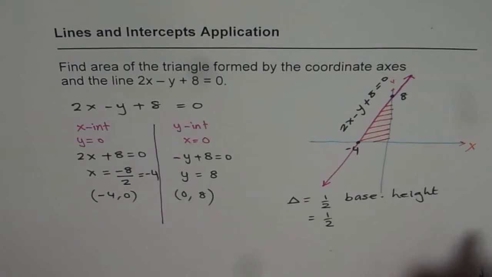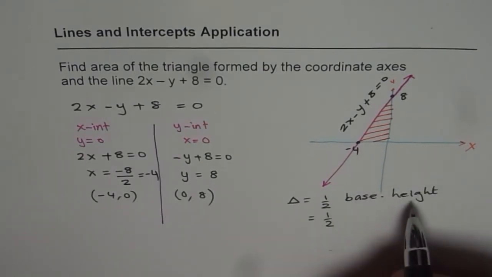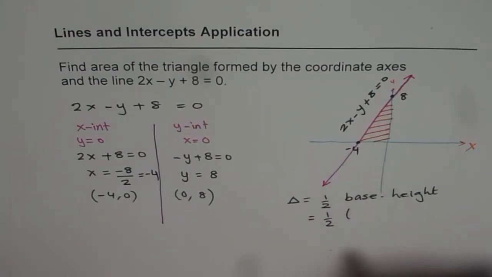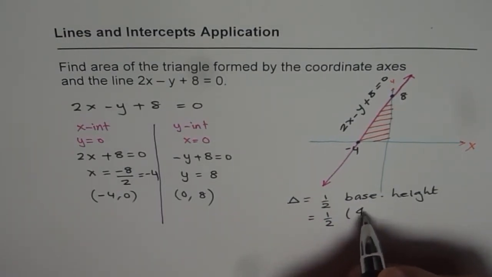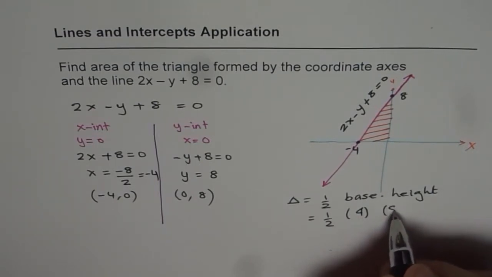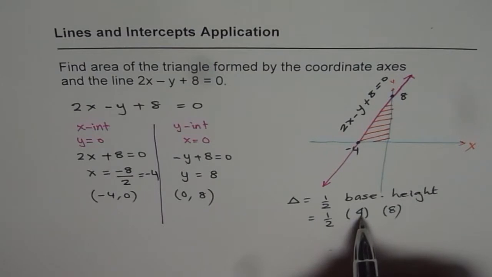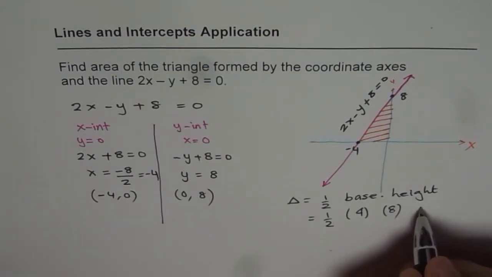The absolute value. When we're talking about lengths and distances, they're always positive. So the base here is, we'll not write minus 4. Don't make that mistake. Just write 4, right? And the height is 8 for us. So half of 4 is 2, and 2 times 8 is 16.